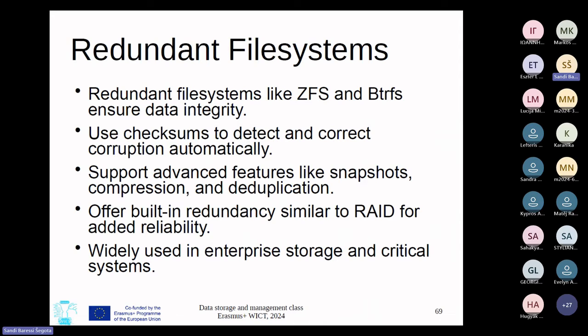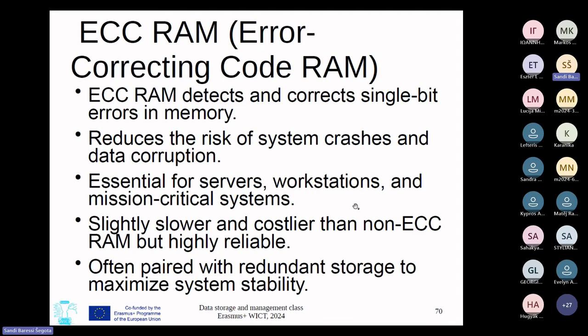Luckily, that data was backed up, but yeah, it was a problem. It took us a while to recover from that. So using something that has that integrated redundant file system would have helped us a lot, because we would have had a snapshot that we could just bring back. Commonly, if you're really careful about your data, you will have both: a RAID array and a redundant file system on top of it.